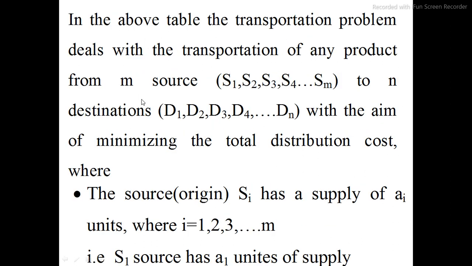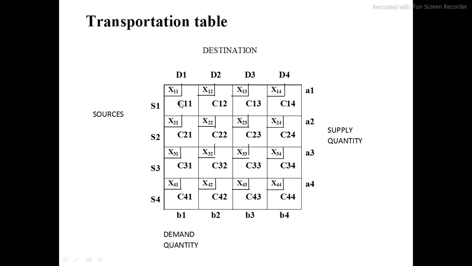Now if you see the matrix, in this column we have written C11, C12, C13, C14. What are these? These are the cost per unit for transporting a product from S1 to D1.